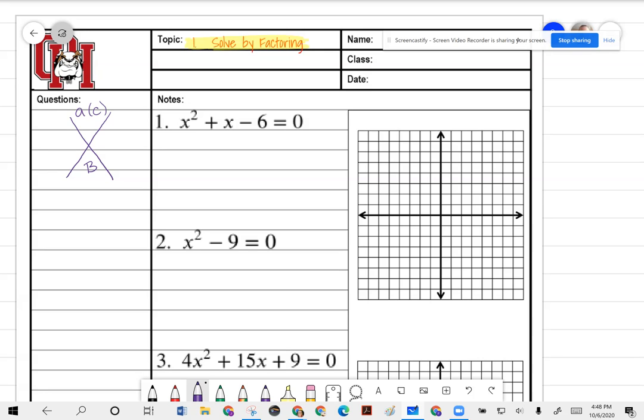So in this case, we are going to multiply -6 times 1, and we get -6x squared, right? So you're multiplying the a and the c term, and then you are adding to the b term, which is 1x. So we can figure out those numbers to be a positive 3x and a negative 2x.